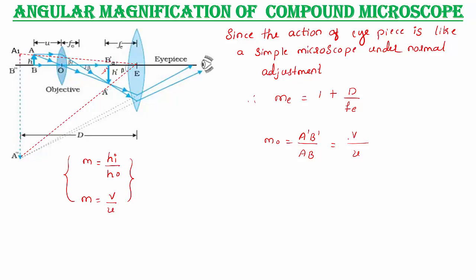So we can write it as minus V divided by U. This is related to objective lens, so let us take it as V0 and U0, and this is related to eyepiece. So now we got the value of Mo and Me.